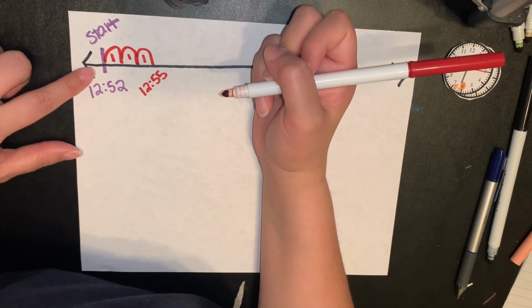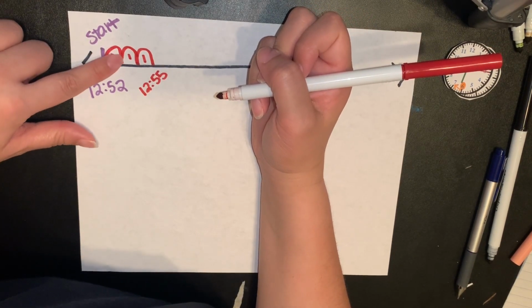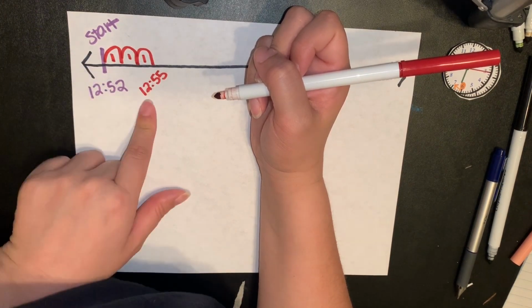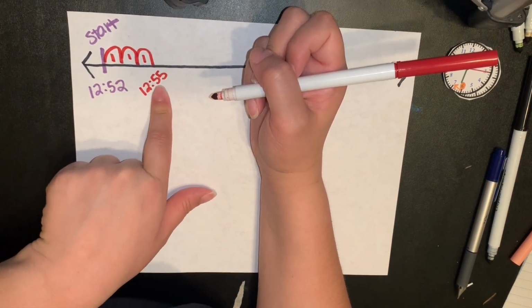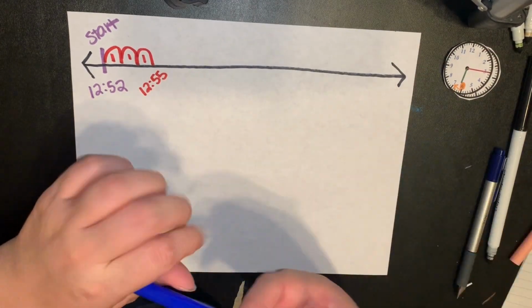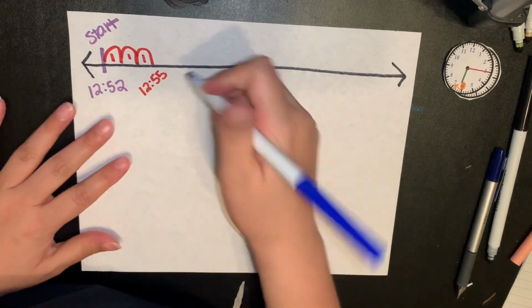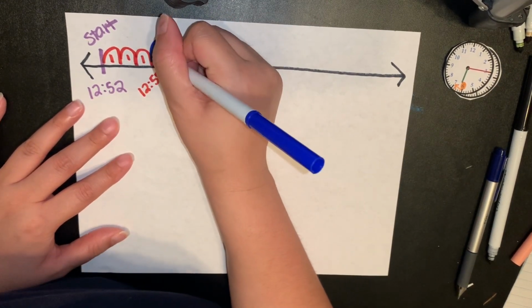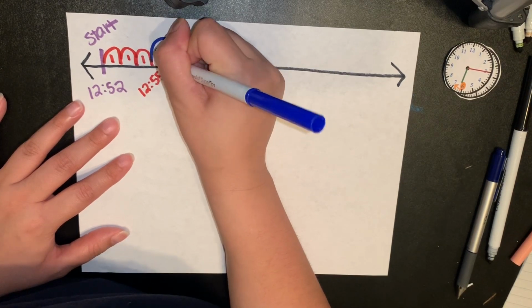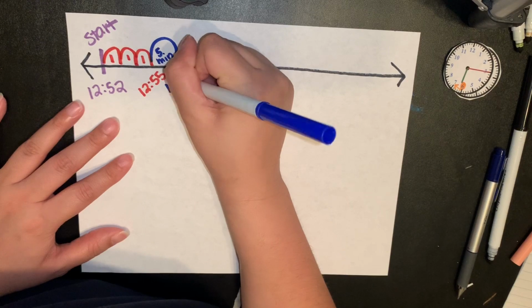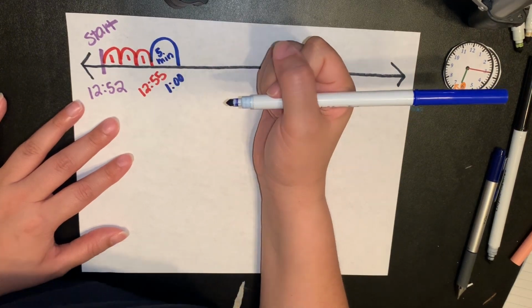Because this is 12:52, 12:53, 12:54, and 12:55. Now 55 is a nice pretty number that I can add a hill. If I label this one a 5-minute hill, it allows me to get to 1 o'clock.